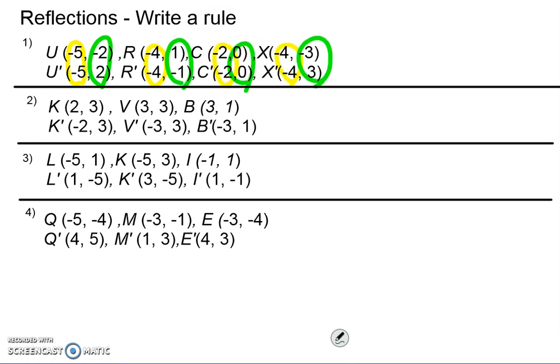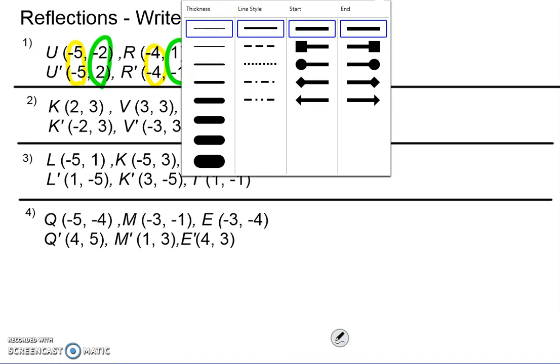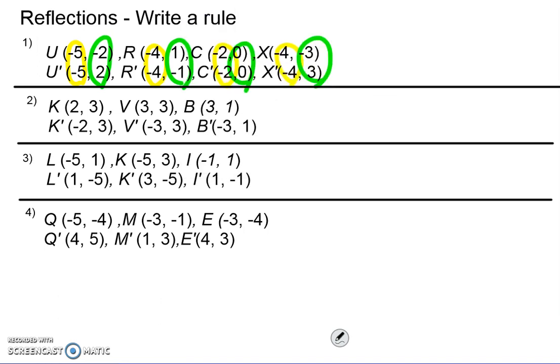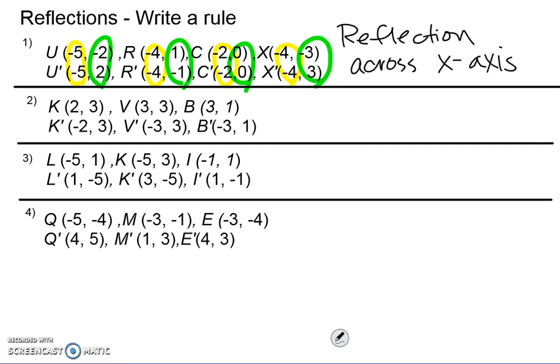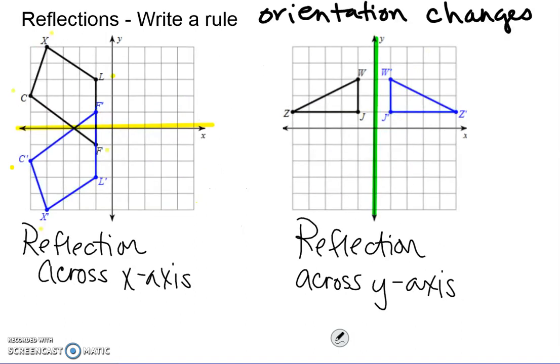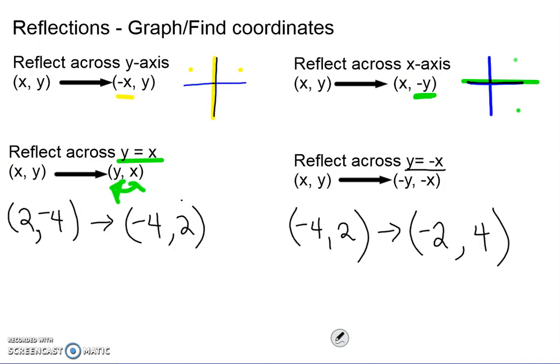So you're going to think about which rule tells me that just the y value changes signs. Well, that's going to be a reflection across the x-axis, because remember our rule that the y value changes signs across the x-axis.